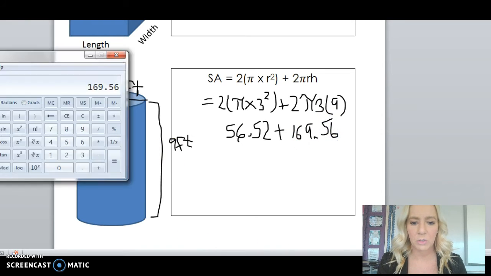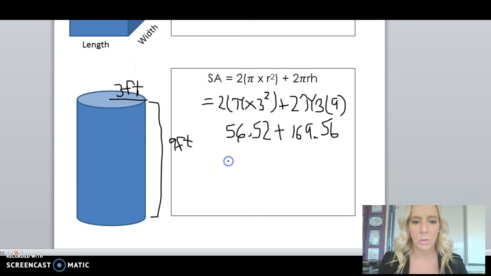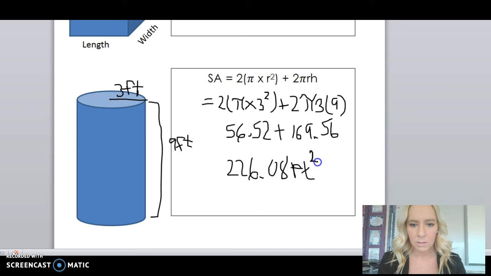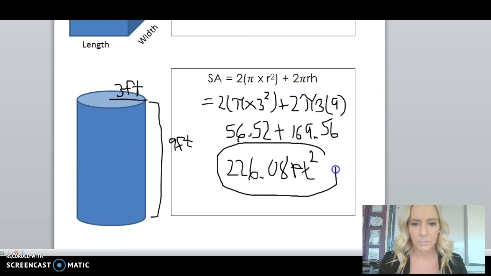Now I'm going to add these two terms together to simplify. So my total surface area is 226.08 feet squared. And there's my final answer.